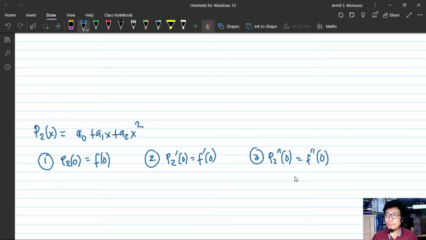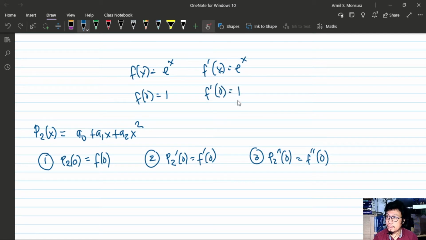We take note that since your f of x equals e raised to x, f of 0 equals 1. Its first derivative is still e raised to x, so f prime of 0 is still 1. And f double prime of x equals still e raised to x, so f double prime of 0 is still 1.